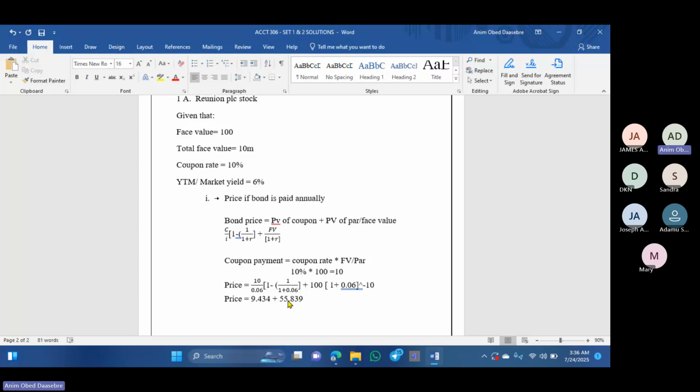The annuity said I had 9.43, it was 9.4339. So I rounded it to get 9.434.